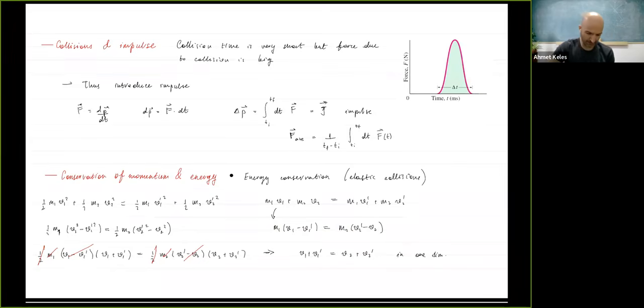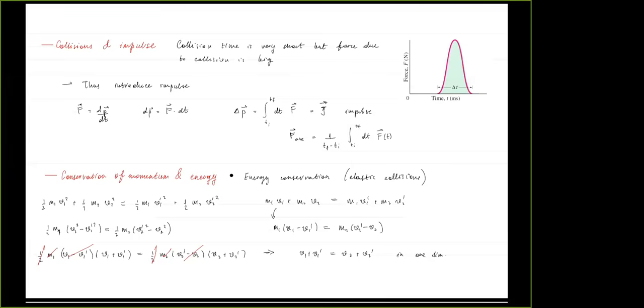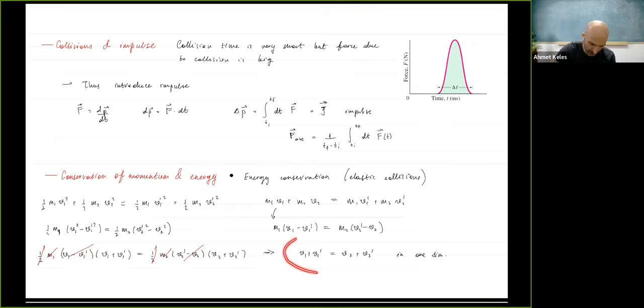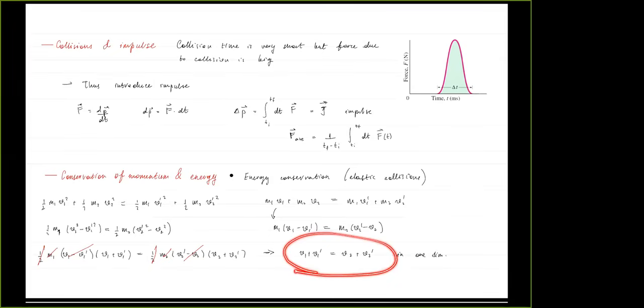Any questions? Some manipulations, but I think simple stuff. I think the second equation we wrote is wrong. V1 prime minus V1, I guess. So this equation, no, the upper one.